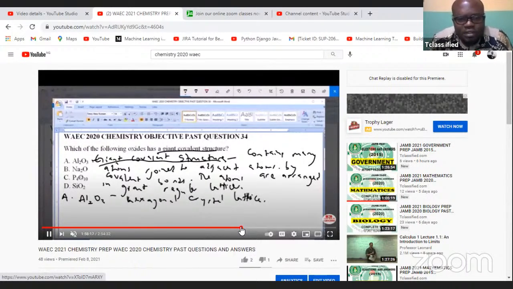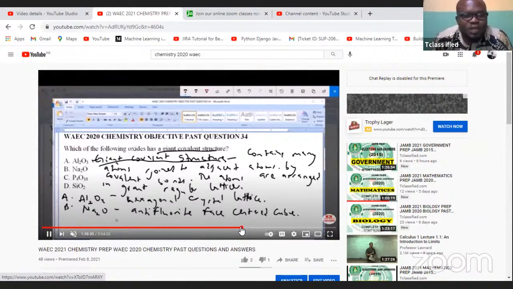Giant covalent structure is simply a structure that contains many atoms that are joined to adjacent atoms by covalent bonds. So we talk about plenty covalent bonds joining and joining atoms. So that is what we call giant covalent structure.